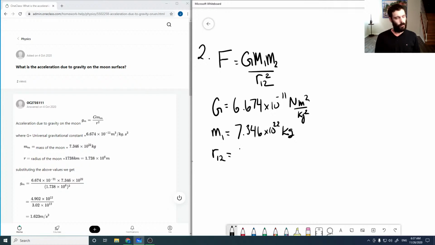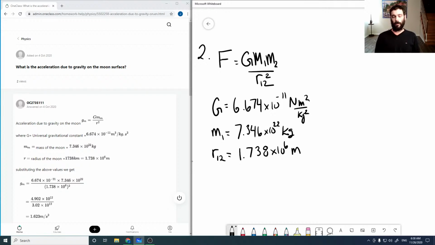So the radius of the moon is just 1.738 times 10 to the 6 meters. And we want the gravity on the moon's surface, so we actually don't need the M2.